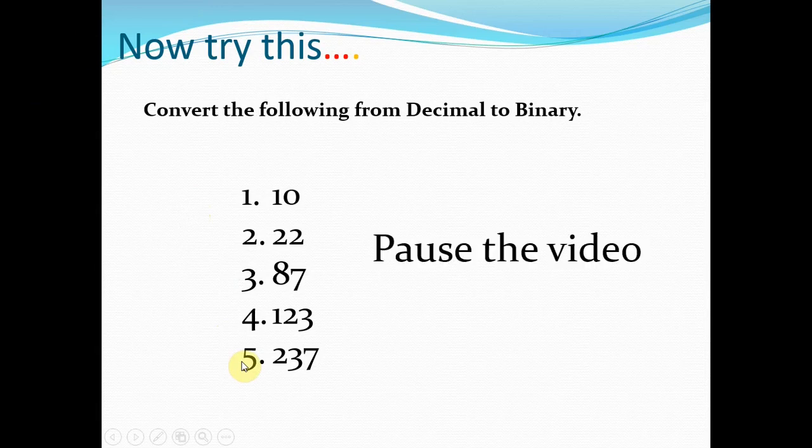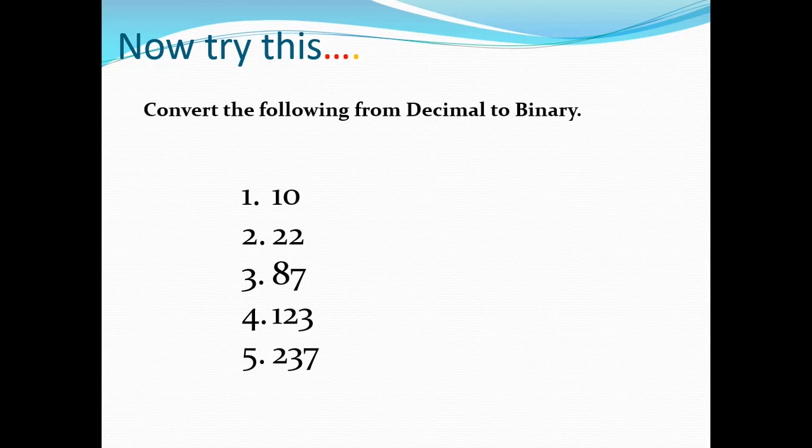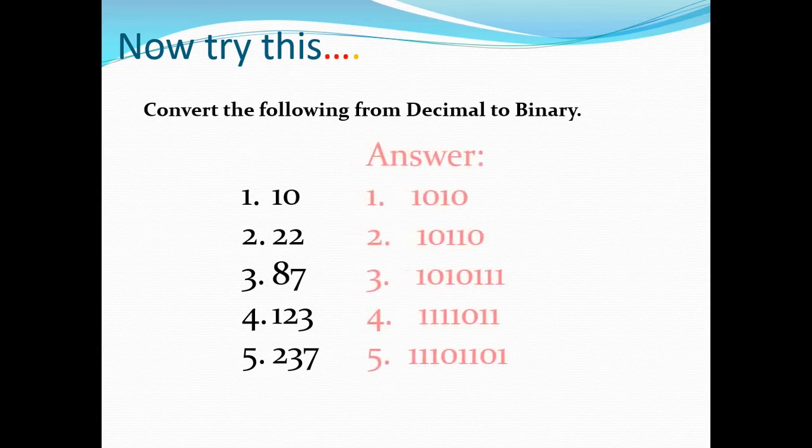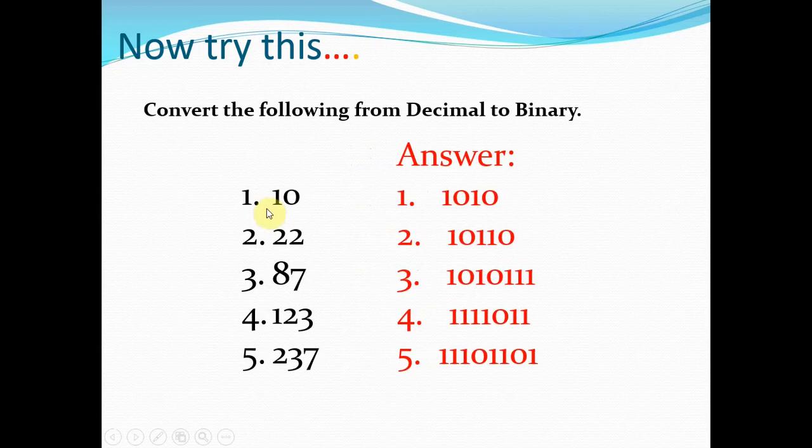Again, pause the video, get your paper and pen, and solve it religiously without any help from your calculators, and then I'll show the answers. So the answers are 10110 for number 1, 10110 for number 2, and then 3, 4, and 5. Did you get everything right? If not, try to review your solution.